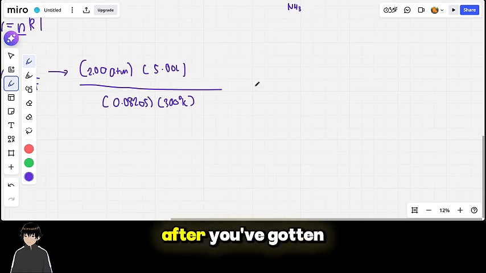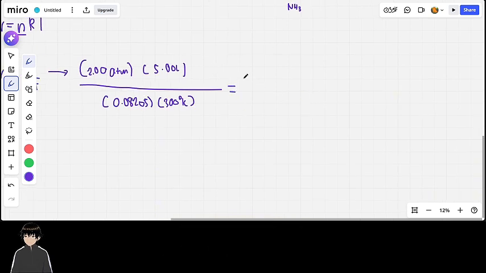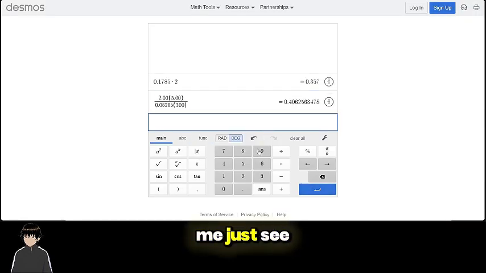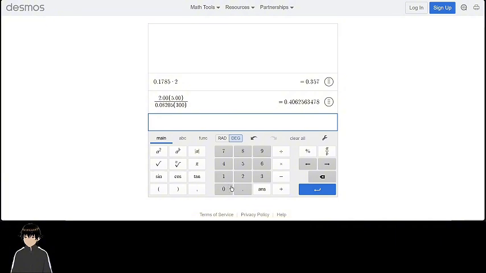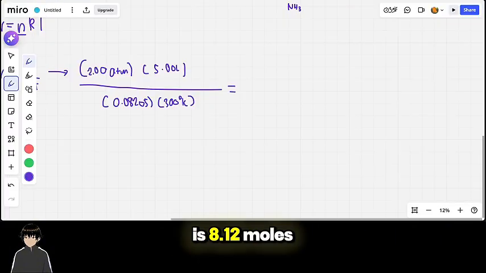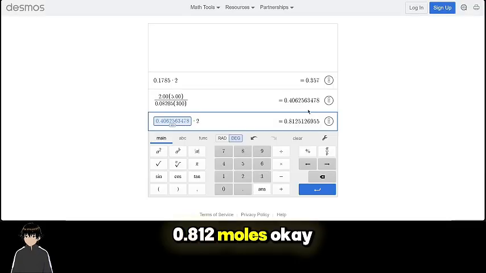So I believe after you've gotten this, you have to times it by 2. So we have to times that by 2, I believe. Let me just see if that's right. Times 2, which is 0.812 moles, okay?